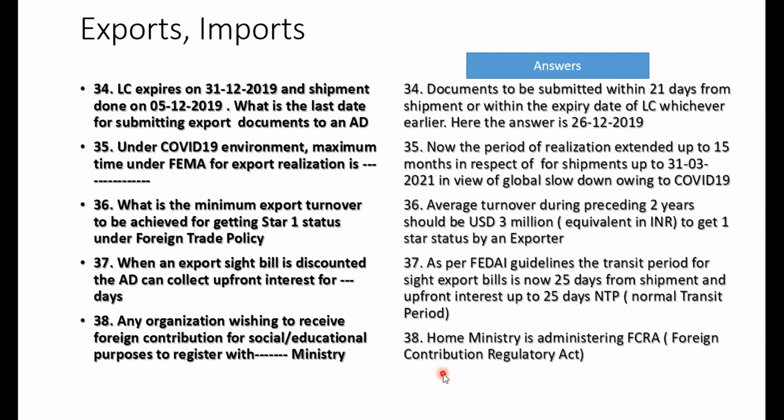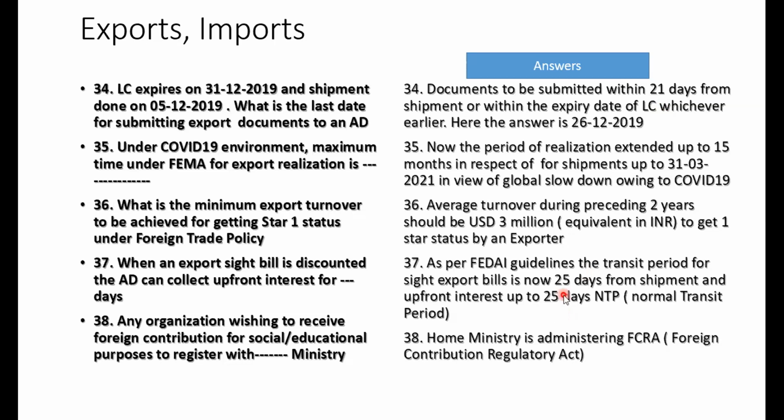So the shipment submission of bill that you mentioned, 21 days, 21 days if it is not specifically stated in the letter of credit. Sometimes the letter of credit will say documents to be submitted within 15 days only. If the LC is silent, in question number 37, it says 25 days.